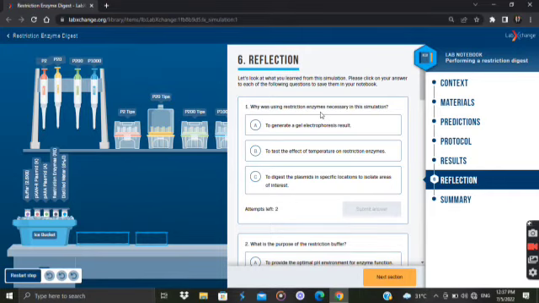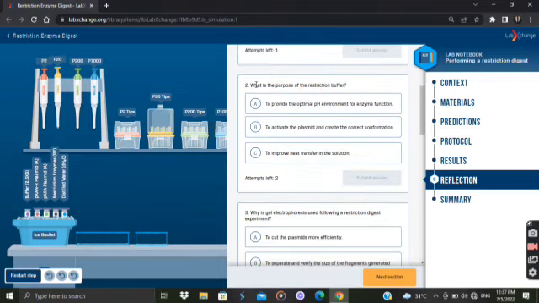Why was using restriction enzyme necessary in this simulation? Restriction enzyme is usually used to digest the plasmids in specific locations to isolate areas of interest. What is the purpose of the restriction buffer?